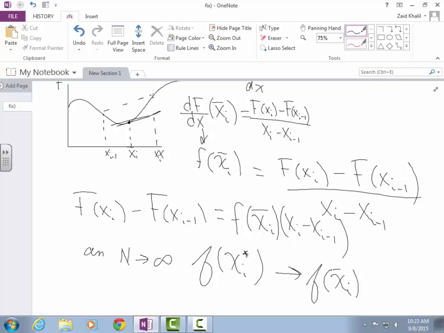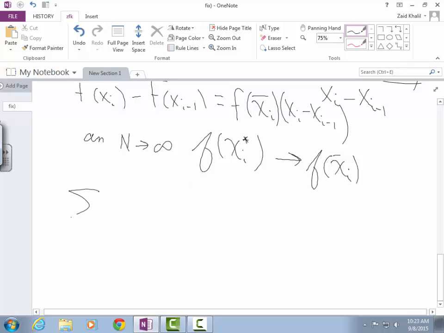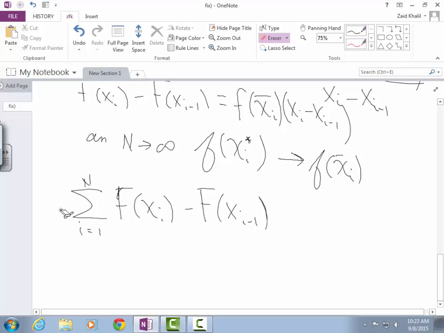So what does this mean? What this means is that the sum of f of xi minus f of xi minus 1, from i equals 1 to n, in the limit, you don't even need the limit at this point, it's kind of implied that you're shrinking these intervals, is equal to this sum.